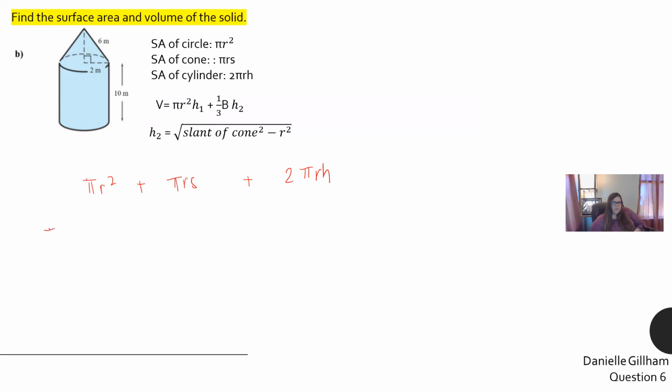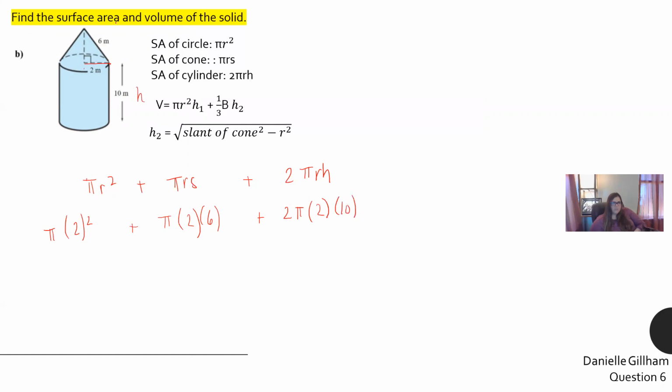So it is pi times radius. Your radius is 2 right here, squared, plus pi times radius again, times the slant, which is 6, plus 2 times pi times radius times height.